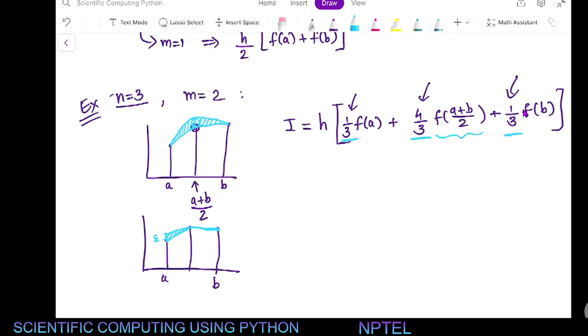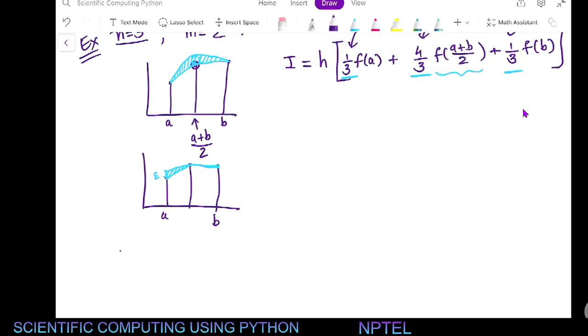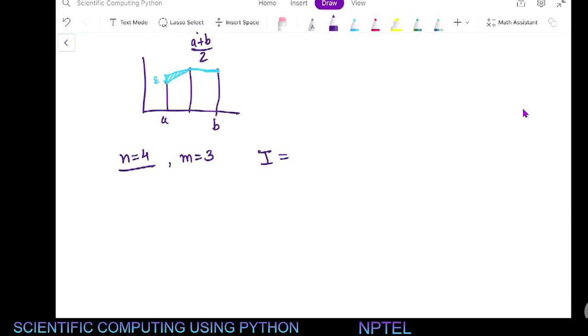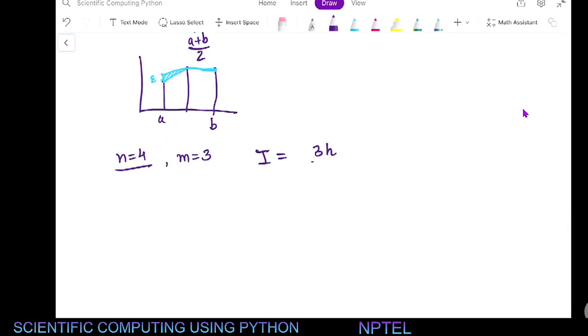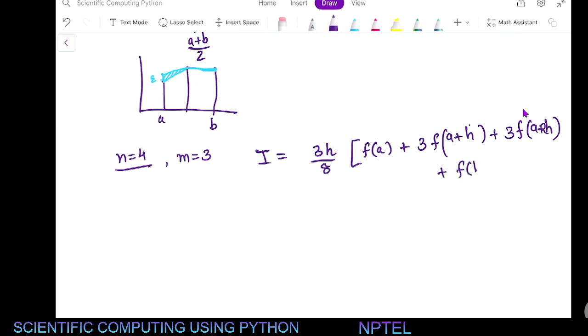So that's the idea, and in fact you can do it with n is equal to 4, which means m is equal to 3, and in that case the integral is h times 3h by 8 times f of a, then 3 times f of a plus h, and 3 times f of a plus 2h, and the last one will get f of b.